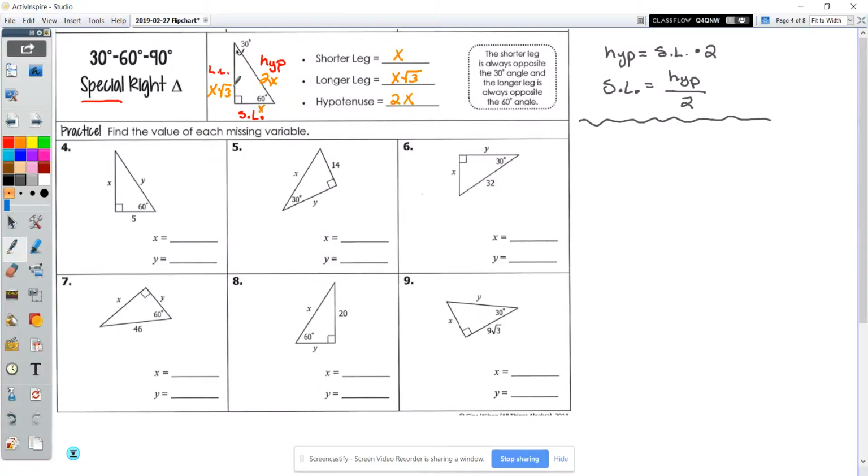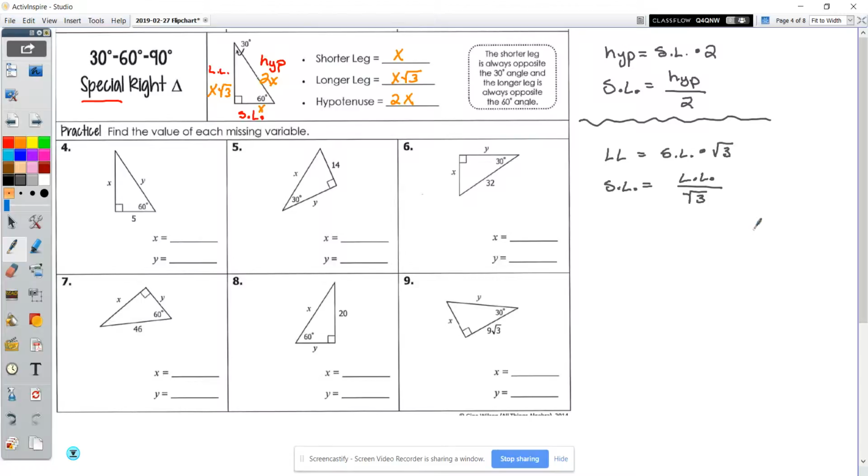Since you have the long leg, you could also say the long leg equals the short leg times the square root of 3, or the short leg equals the long leg divided by the square root of 3.